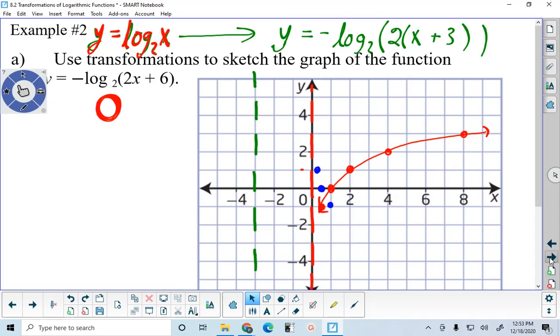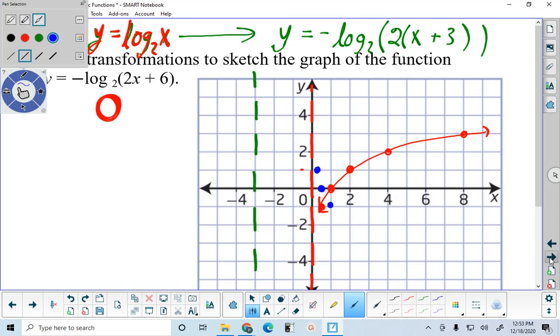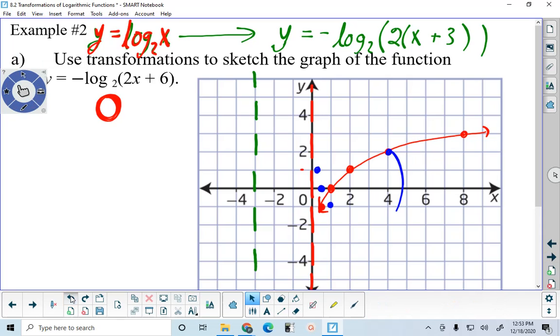We don't need to do every single point. I'm going to do one more. I'm going to choose this point now. I reflect it vertically. Stretch it horizontally by 1/2, and it's there. So each of those points has been reflected vertically and stretched horizontally by 1/2.